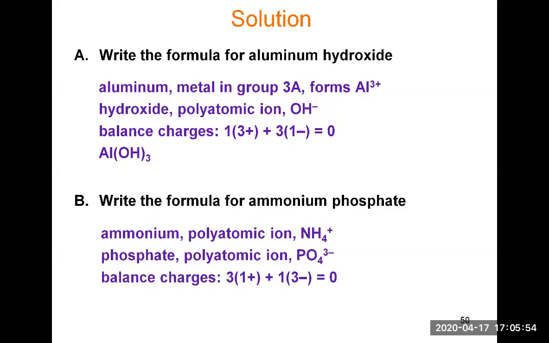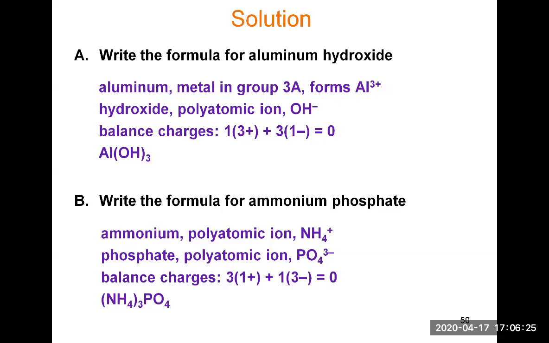So the formula is NH4, and we need 3 NH4+ and 1 PO4, 1 phosphate. We need parentheses around the ammonium because there is a need of 3 of them. So parentheses with the subscript 3 to say we need 3 ammonium for one phosphate. And the phosphate here doesn't need parentheses because only one is needed.